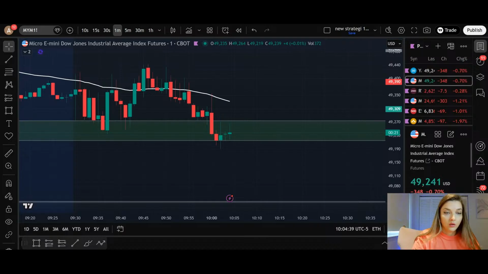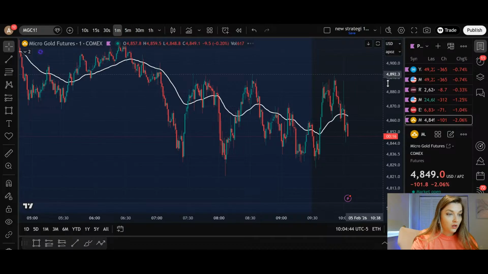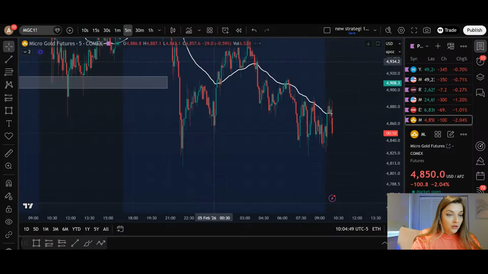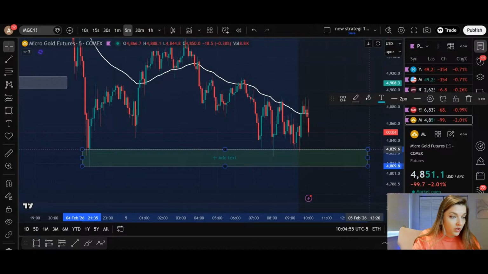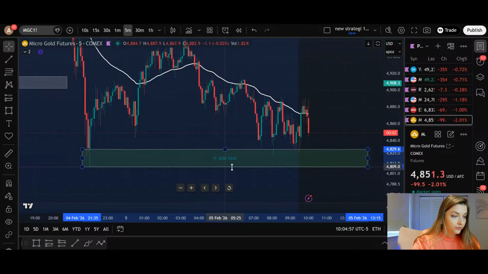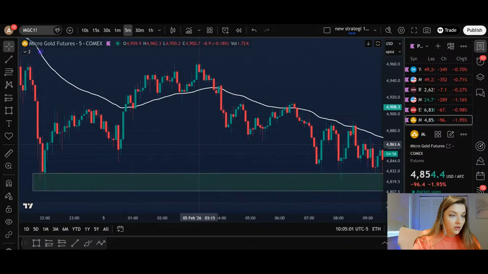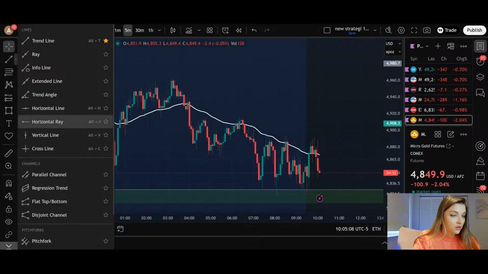Let's see the gold. Okay, gold is on 1 minute consolidating. So here we go. Let's mark this area right here. You can see the wick. You can see here an M pattern. So let me just put a line.